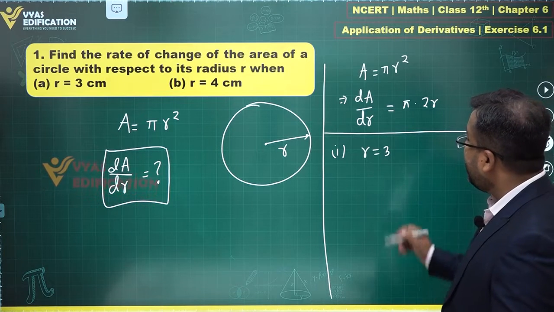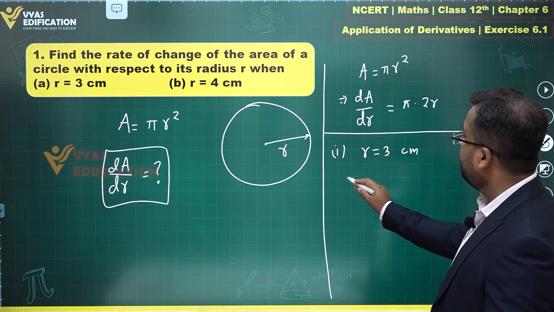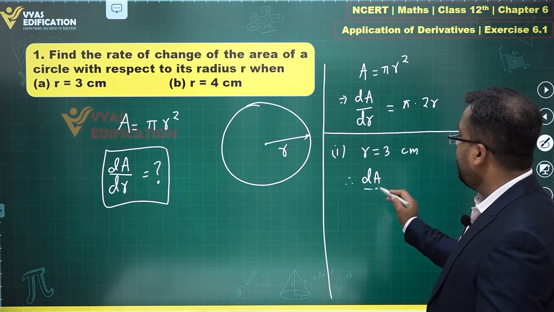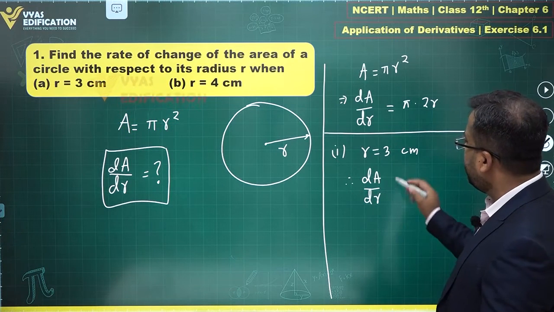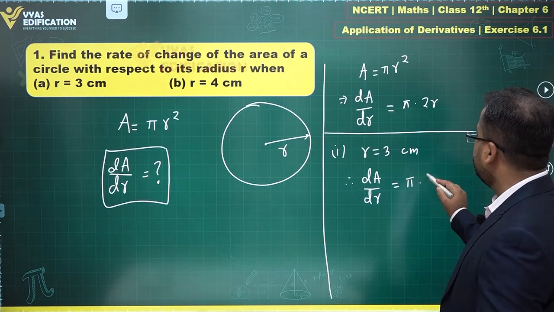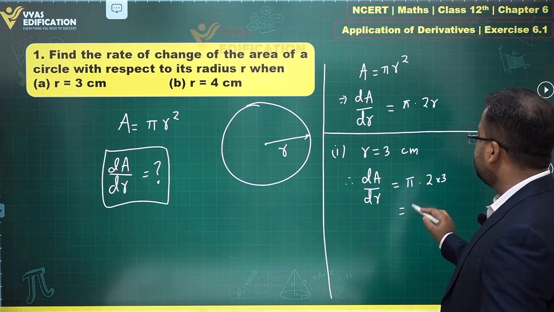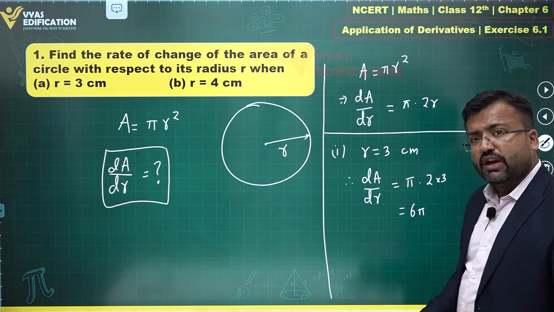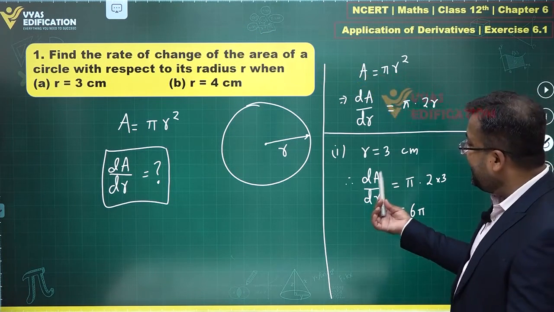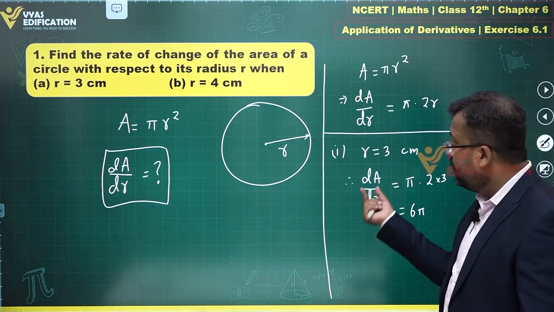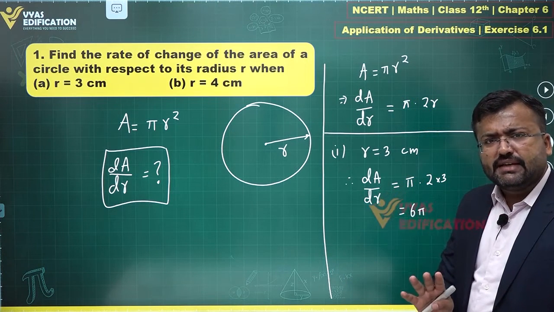So let's continue further. R is given as 3 centimeter. Therefore, dA by dr, the magnitude, what will that be? That is equal to pi times 2 times 3, which is 6 pi. And what will be the unit? Since you are consistent in length, the unit of area and the unit of dA are exactly the same.